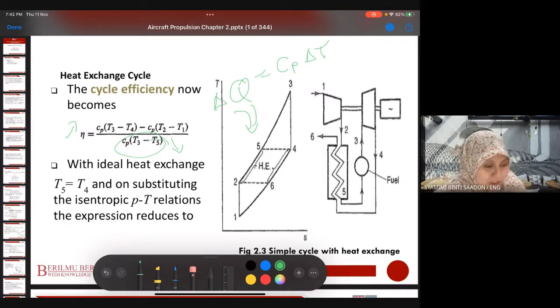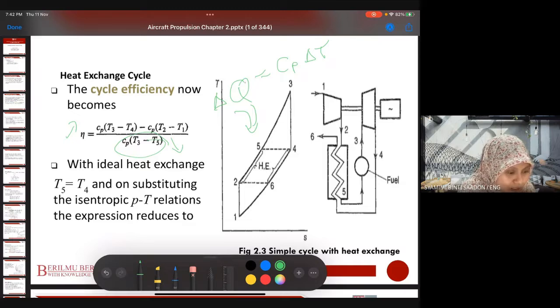If the difference between T3 and T2 is minimized, then the heat supply, the heat needed, Q will be smaller, will decrease also, right? Thus the fuel needed will be minimized.